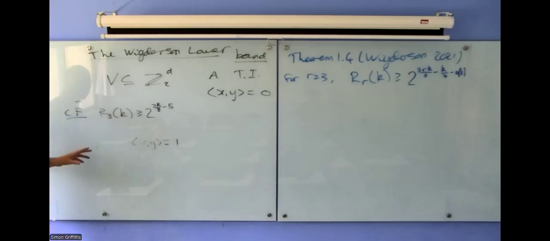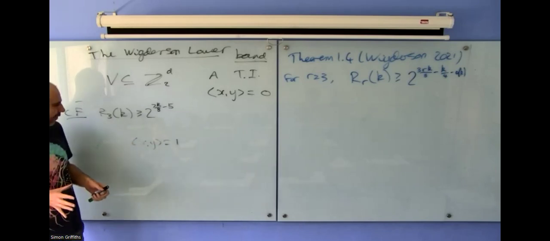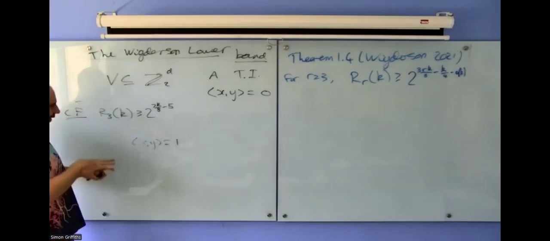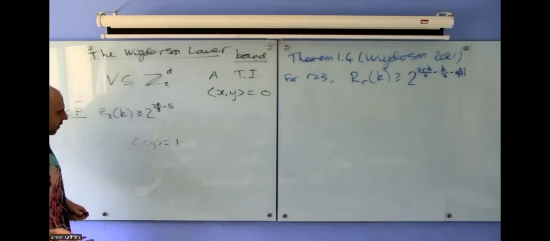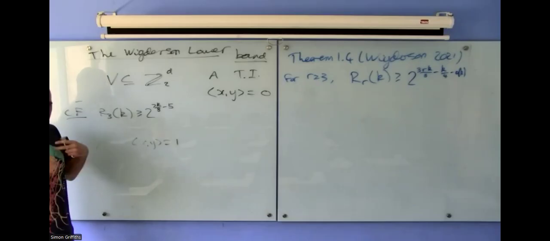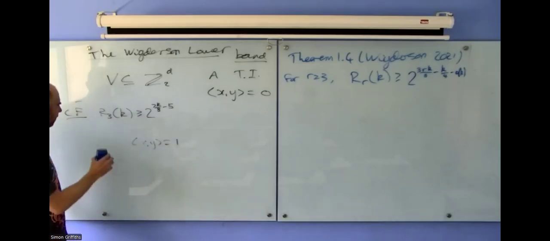Because looking at all the pairs with inner product 1 is this very nice graph where you already won't get any cliques of size k by that odd town dimensional argument we did last time. And so Vickerson wants to use that structure, but not just once, but many times.